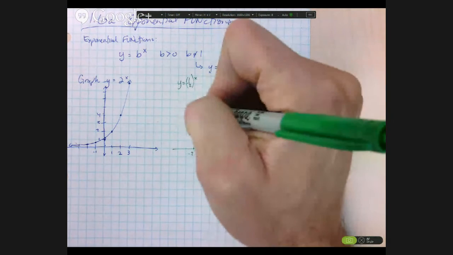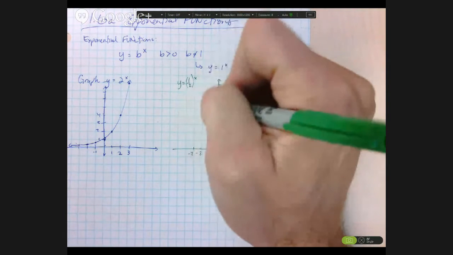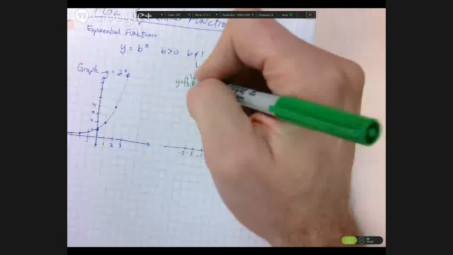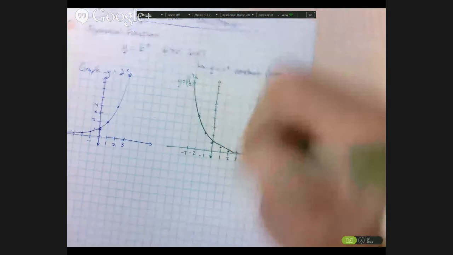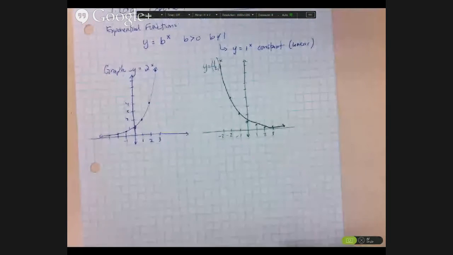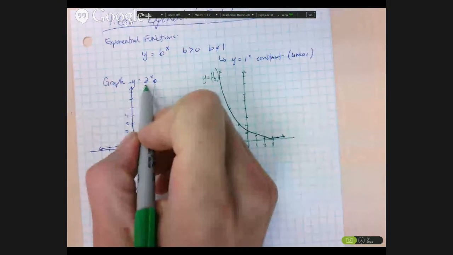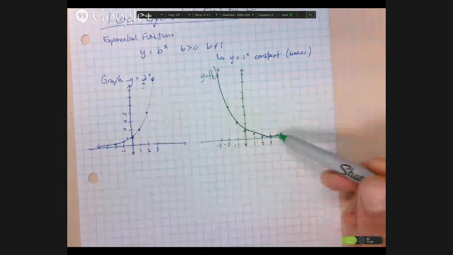Two, 4, 8. Okay, so notice those two are reflected around the y-axis. Look at the difference here. 2 to the x increasing, half to the x decreasing.